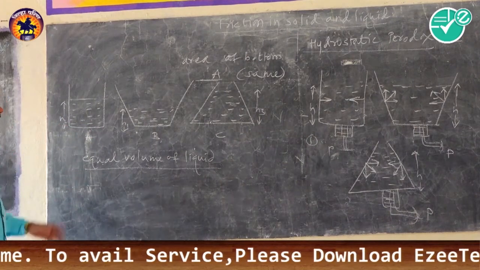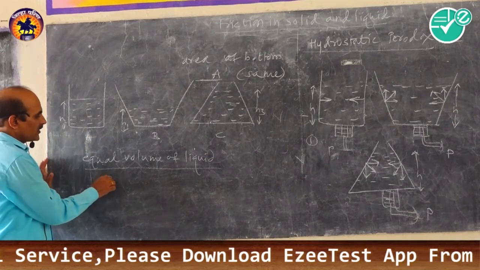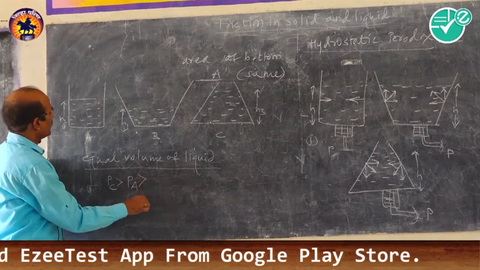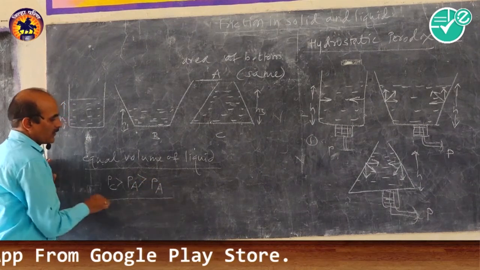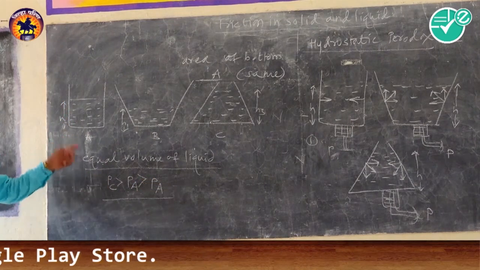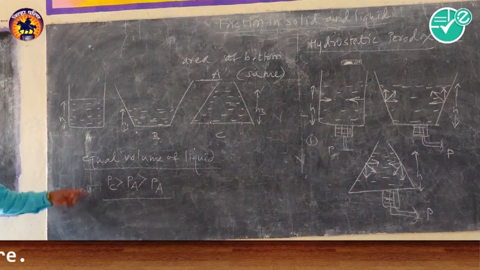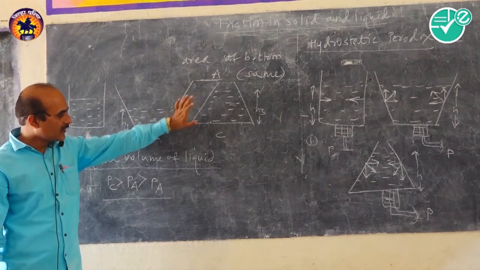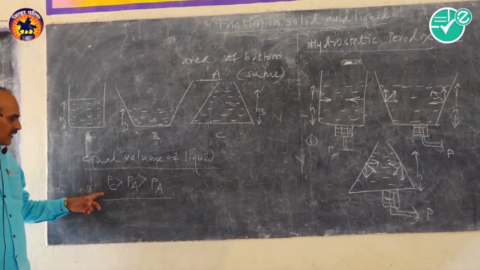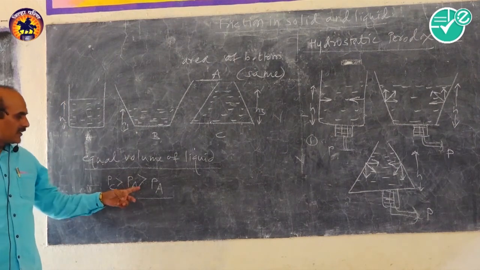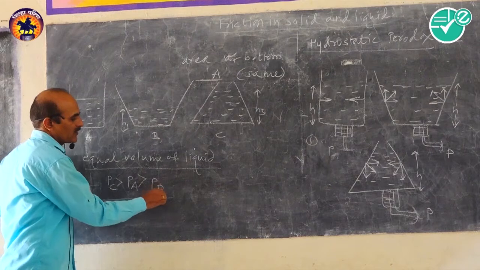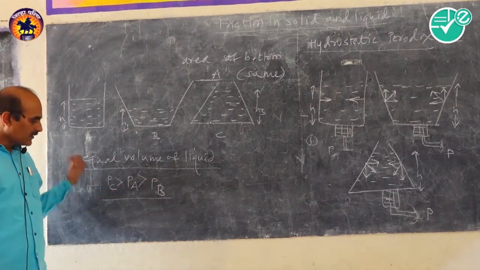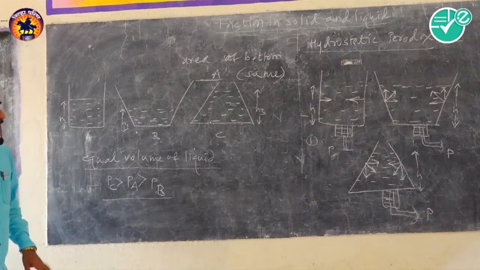In this condition, because the height in C is greater, we write that the pressure in C is greater than the pressure in A, which is greater than PB. So smaller pressure in B, and greater pressure in C, like this.